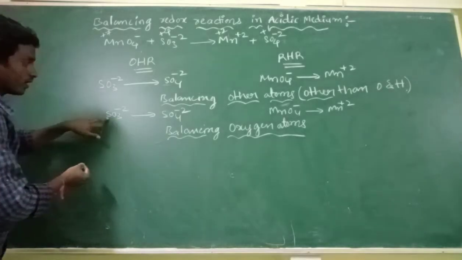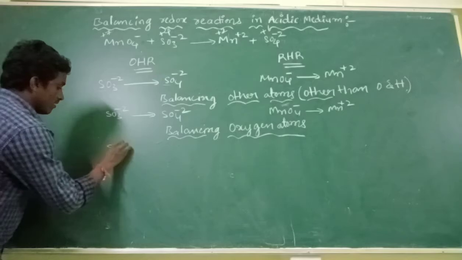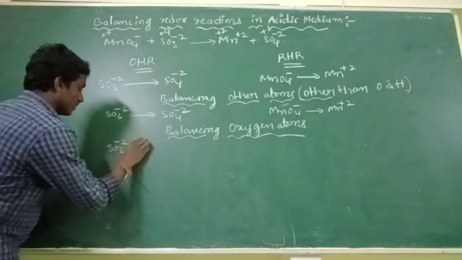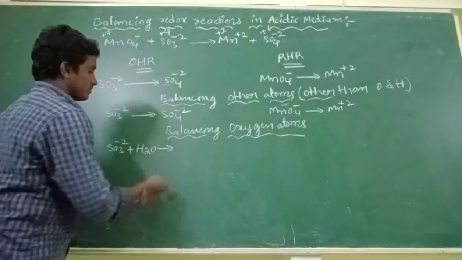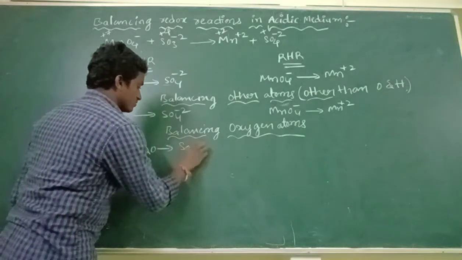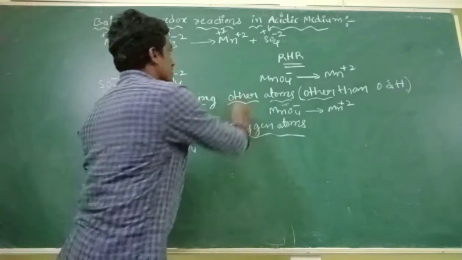So here one oxygen is deficient, so we have to add one water molecule. SO3 minus 2 plus H2O gives SO4 minus 2.